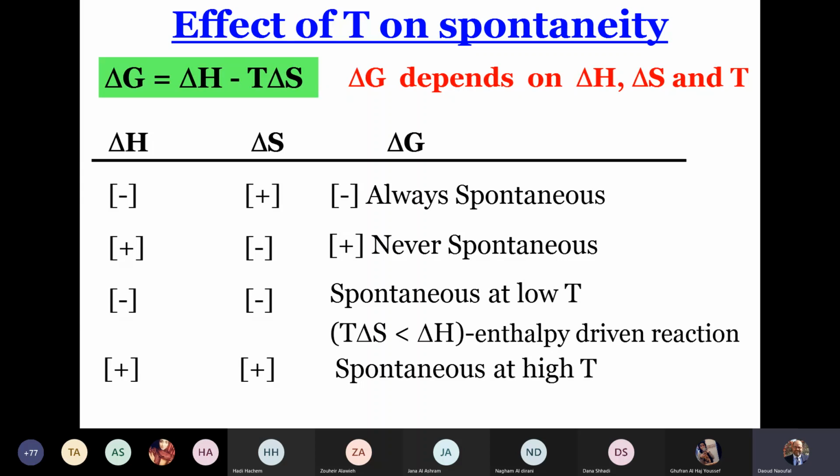In other cases, the temperature will be the main effect. For this reason, for some reactions, we find that the reaction is non-spontaneous at 25 degrees. If we increase the temperature to 50 degrees, we observe that this reaction becomes spontaneous. So this is the effect of the temperature.